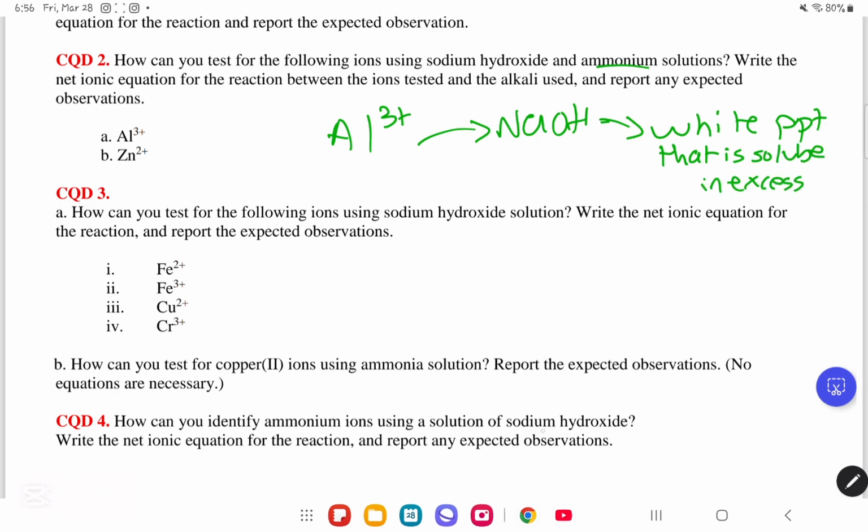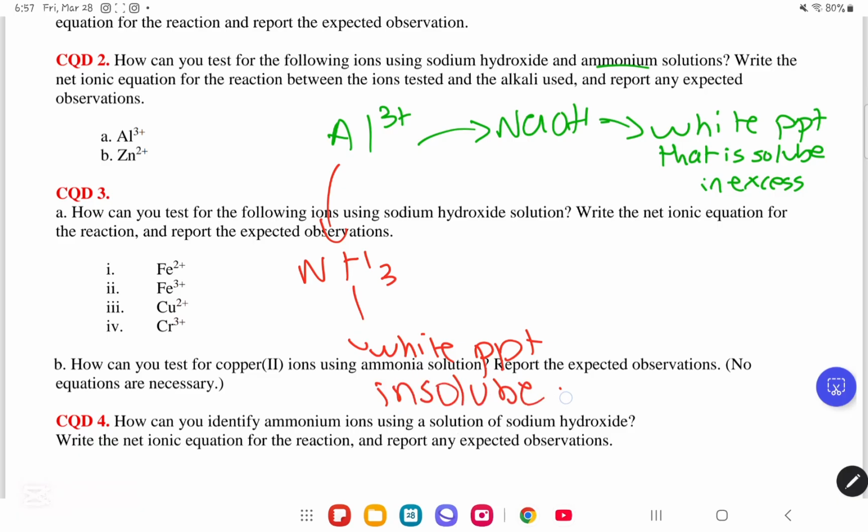However, if Al3 plus reacts with ammonia, which is NH3, it will also produce a white precipitate, but this white precipitate is insoluble in excess.